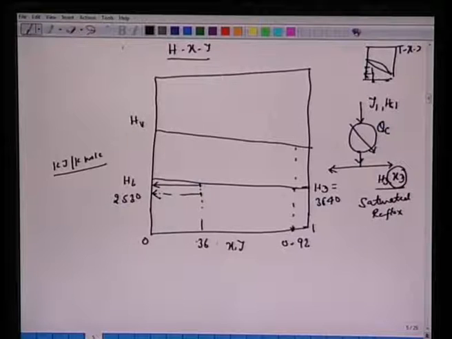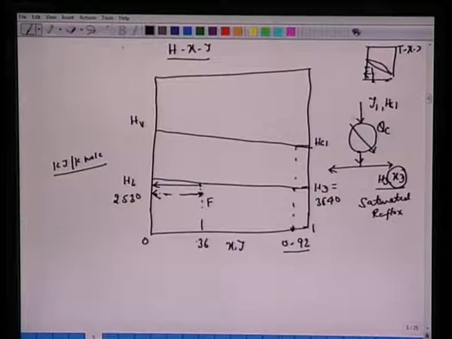So all we are trying to do is mark the coordinates as much as we can. For example, for this feed we need this composition 0.36. We realize that it's cold. One can calculate the enthalpy to reach 2500. So this is the status of your feed here. Top product is 0.92 mole fraction, saturated liquid, so we know this HD here. All right, and then if you recall, this coordinate would be HG1 here because we have this latent heat of vapor.